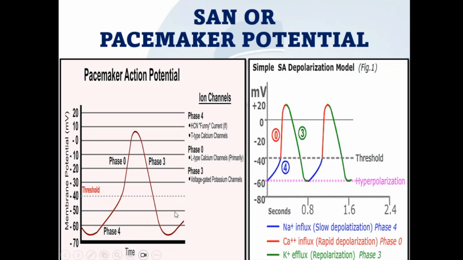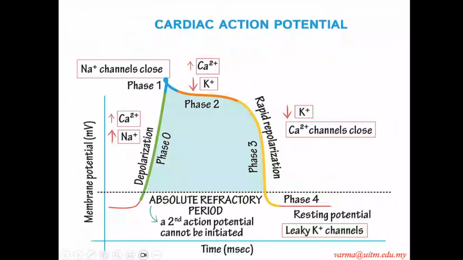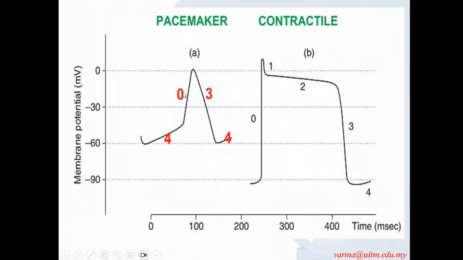So we have phases 0, 3 and 4 here, compared to skeletal muscle. I just want to show one part. You see phases 0, 3, 4, whereas the cardiac action potential is 0, 1, 2, 3, 4.